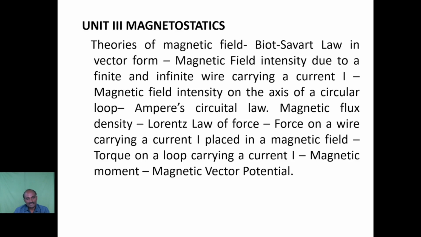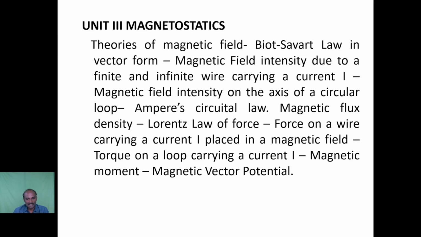Also, we can find the Lorentz law of force. Lorentz law of force is nothing but the combination of electric force as well as magnetic force. So combinedly, the force on a charge which is moving, having the two forces, the force due to electric and also the force due to magnetic fields.